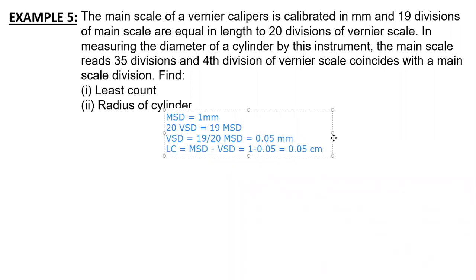I think it should be 0.95 in that case. 19/20 you have calculated a bit wrong. Yes, 19/20 should be 0.95. Then the least count will be 0.05. Yes, sir, I had a calculation mistake, sorry. Not a problem. You are right.